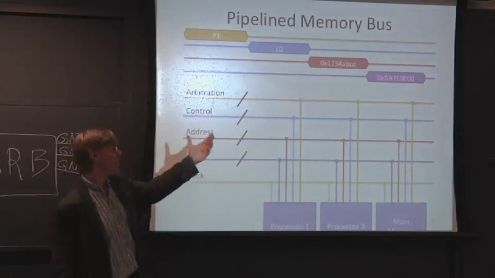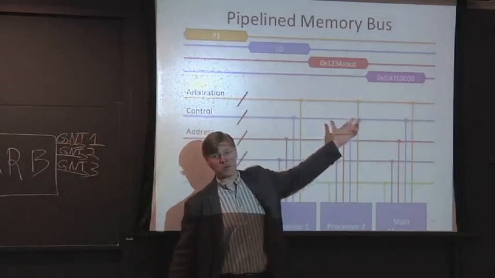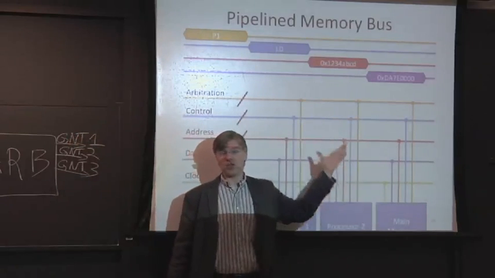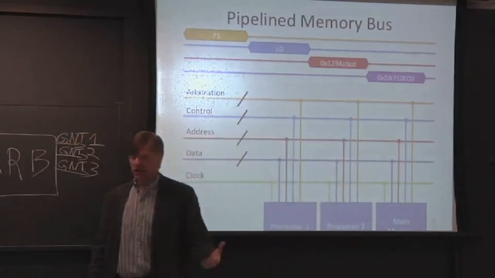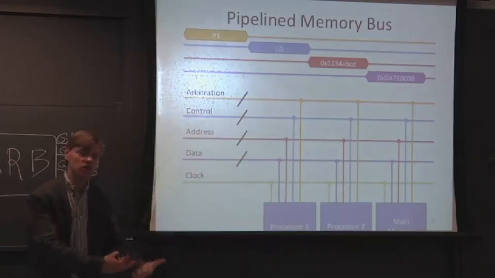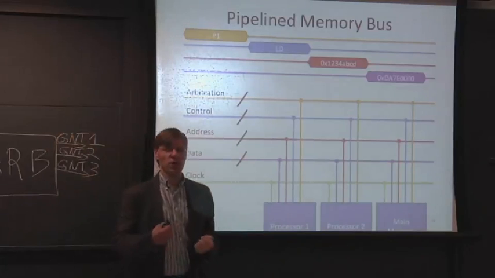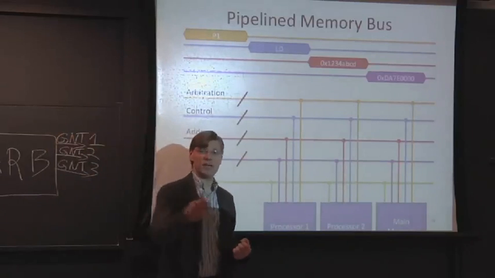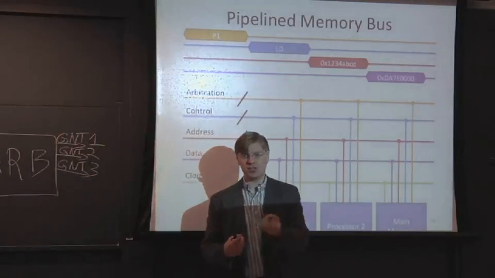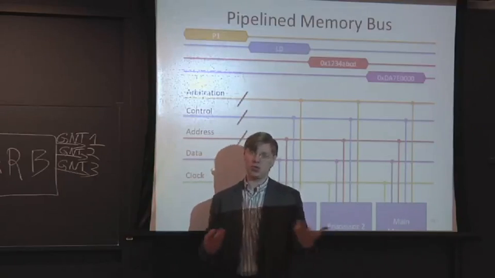Instead of just waiting there, which would slow down your pipeline if you have to stall, you can issue a request, and then sometime in the future, the main memory might arbitrate for the bus again, and then return the data. So that's why it's called a split phase transaction. So there's multiple phases to one transaction.